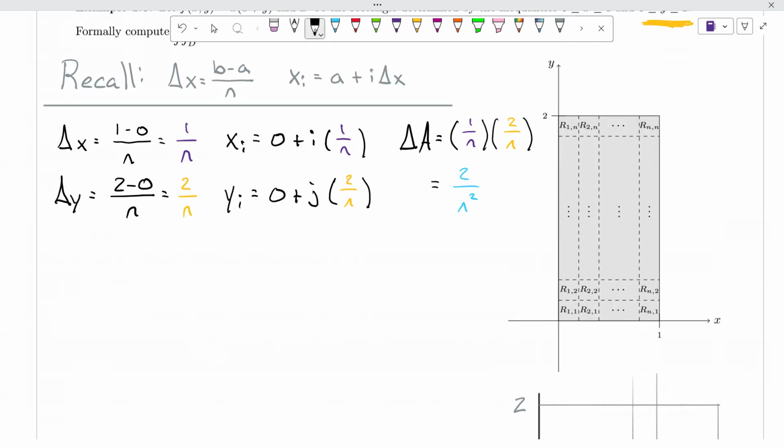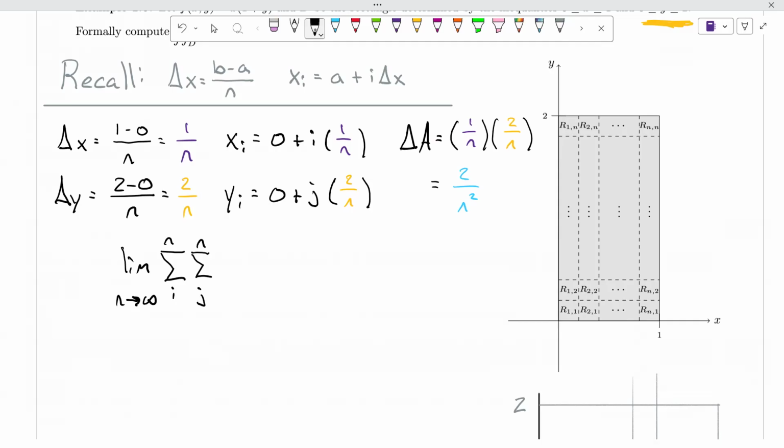All right, so we want what exactly? The limit as n goes to infinity of the double sum, one for i, one for j, both of them go to n.